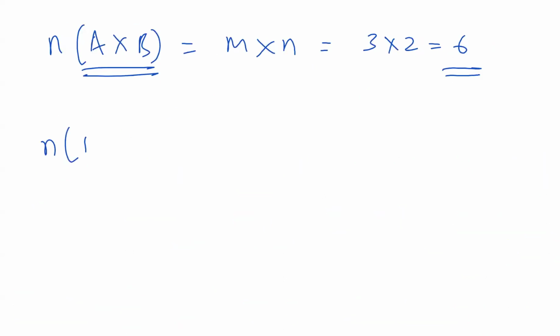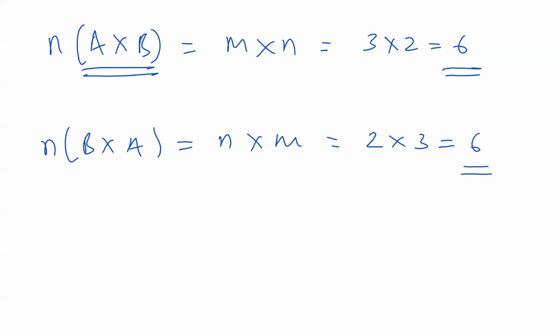Now n(B cross A) is equal to n times m, so 2 cross 3, which is equal to 6. The number of objects in set B is 2 and in set A is 3, so there are 6 ordered pairs, 2 multiplied with 3.